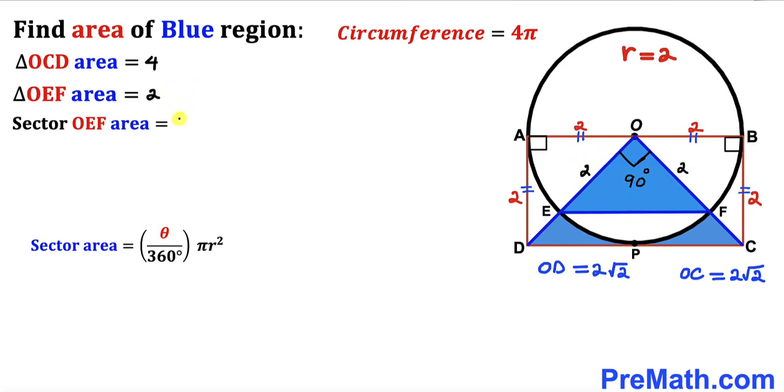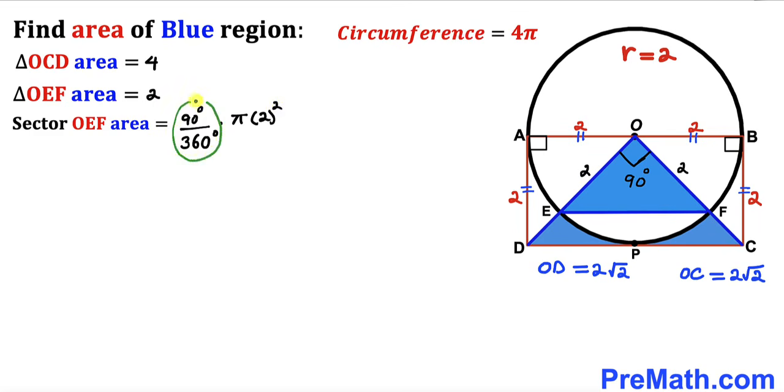So therefore the sector area is going to be 90 degrees divided by 360 degrees times pi times our radius 2, squared. And now we can see 90 degrees divided by 360 degrees reduces to 1 divided by 4. And here 2 squared is 4. So therefore I can write 1 divided by 4 times 4 pi. And if we simplify, that is going to give us pi.